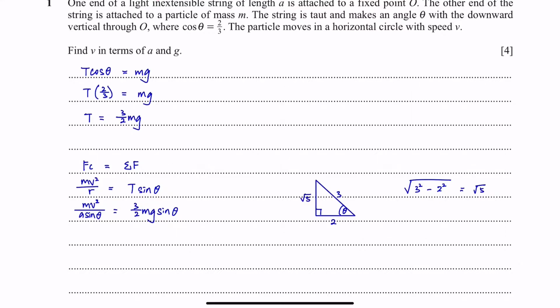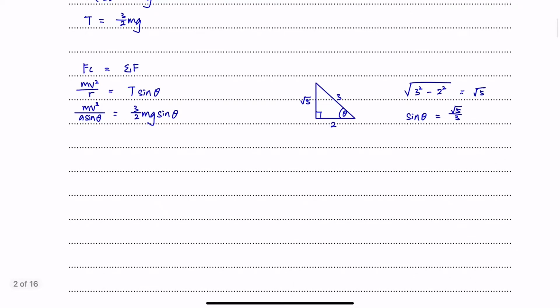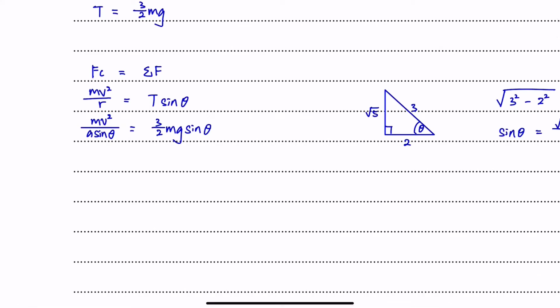So now sin theta would be root 5 over 3. I can cancel the mass here for now. And I will get v squared over a times root 5 over 3 equals 3/2 g times root 5 over 3.